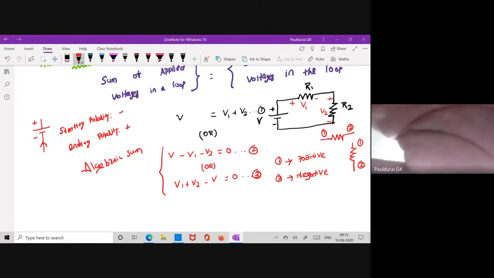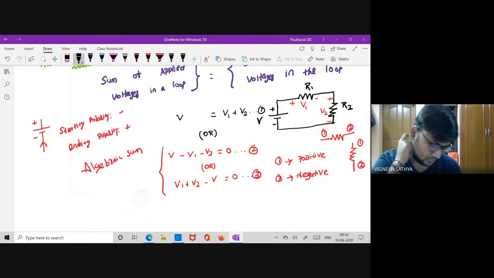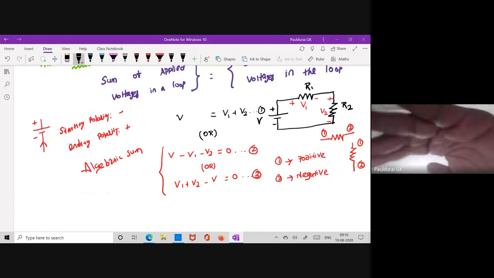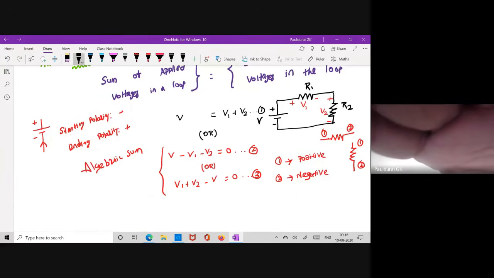See equation number 2. What have we done in equation number 2? What did we consider? Have we considered starting or ending polarity in equation number 2? See, this voltage source, applied voltage, minus to plus, right? It's very important, listen carefully. Minus to plus, actually we consider the ending polarity plus, right? Now V1 plus to minus, we consider the ending polarity.